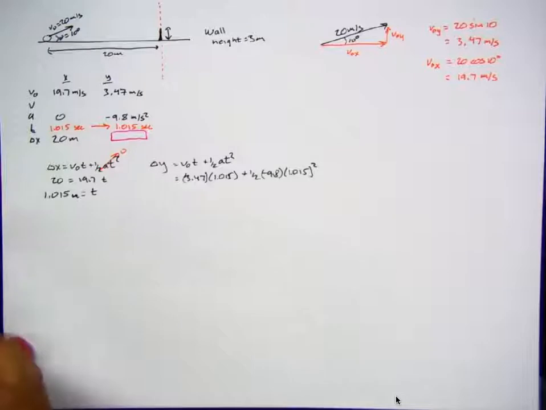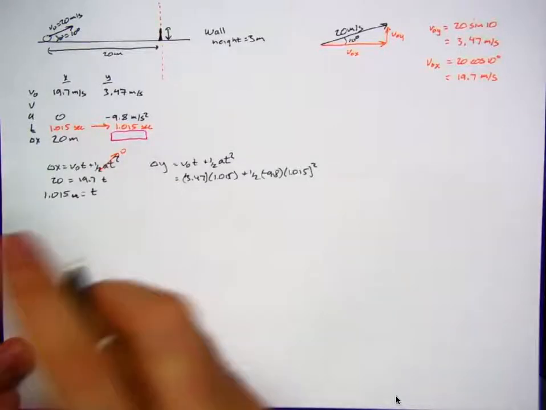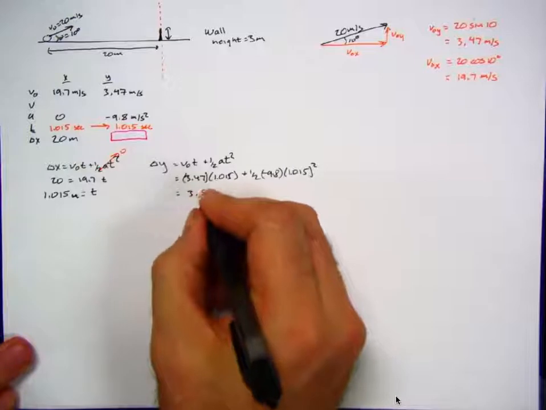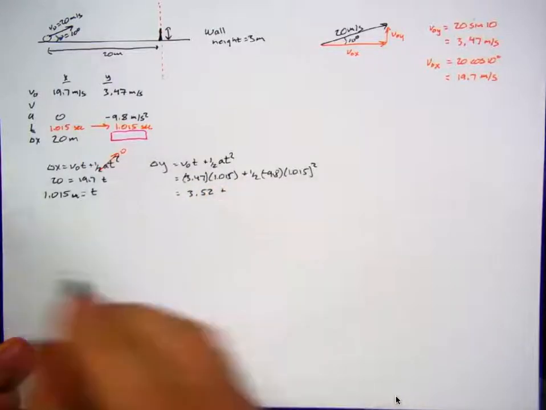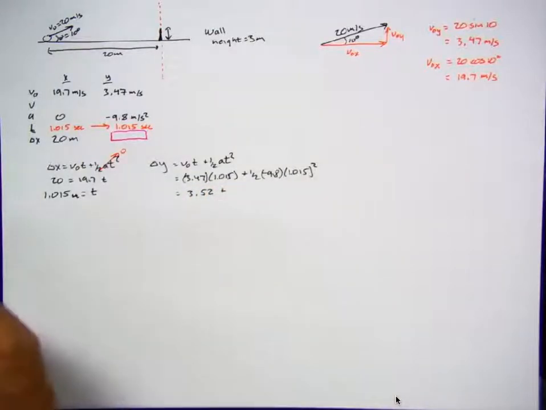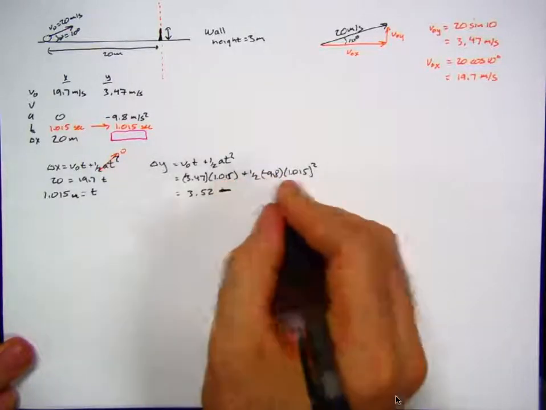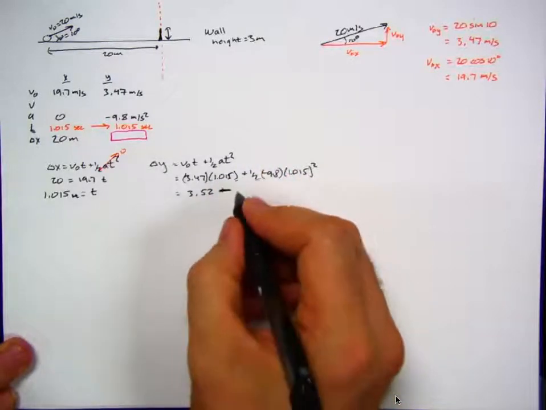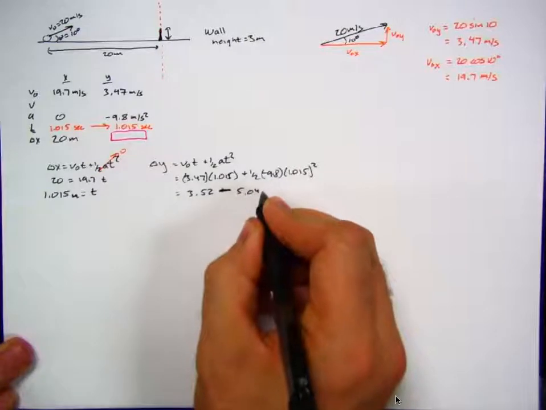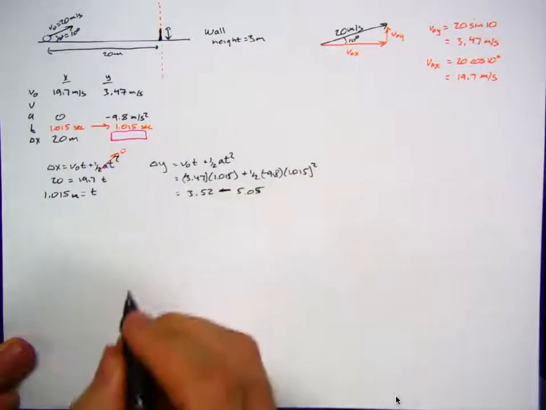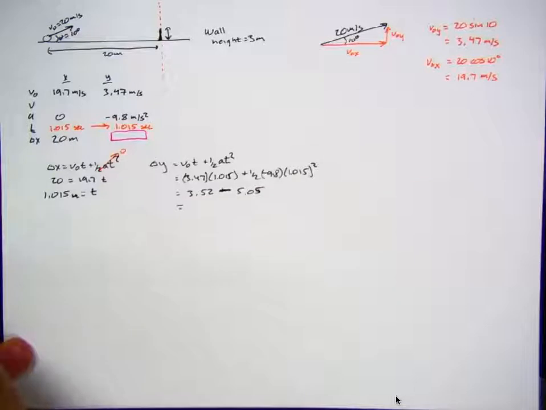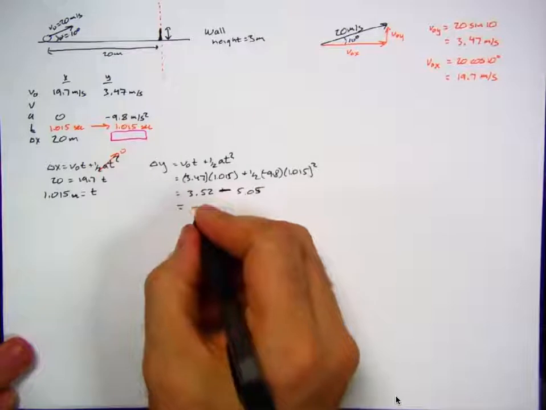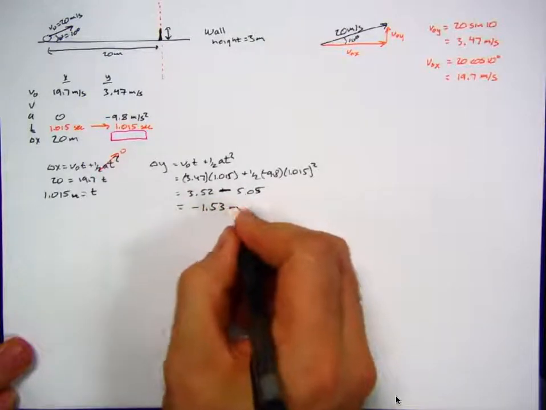So 3.47 times 1.015 is 3.52, plus 4.9 times 1.015 squared, minus, because of this negative sign here, so minus 5.05. 3.52 minus 5.05 is negative 1.53 meters.